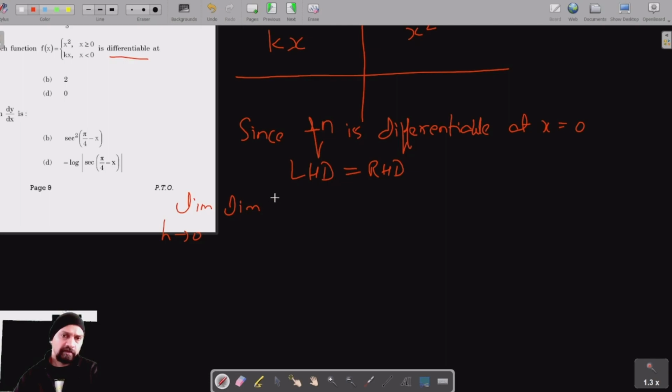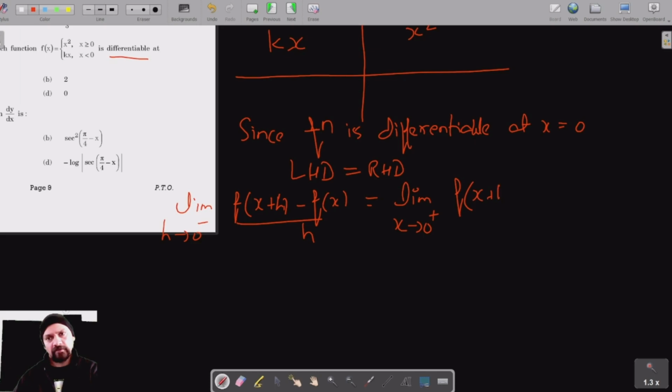So this is the limit h tends to 0 negative, which is the left hand derivative, of f of x plus h minus f of x upon h, and the right hand derivative is denoted by the limit h tends to 0 positive of f of x plus h minus f of x upon h.